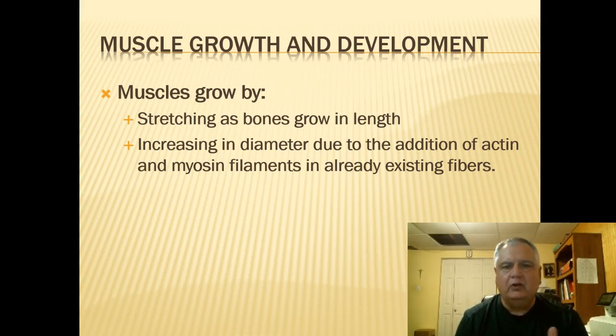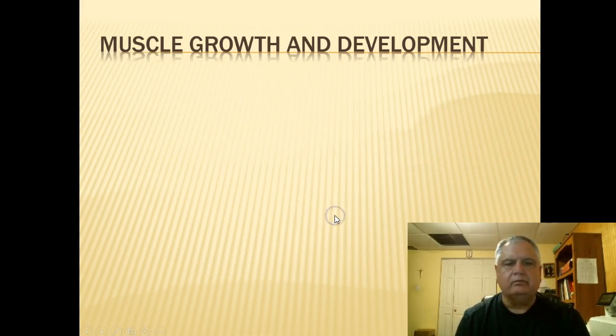You have approximately today, as you're sitting there, the same number of muscle fibers in your body that you had the day that you were born. The difference is those muscle fibers have been stretched and their diameter has increased as more actin and myosin filaments are being added into those already existing fibers.